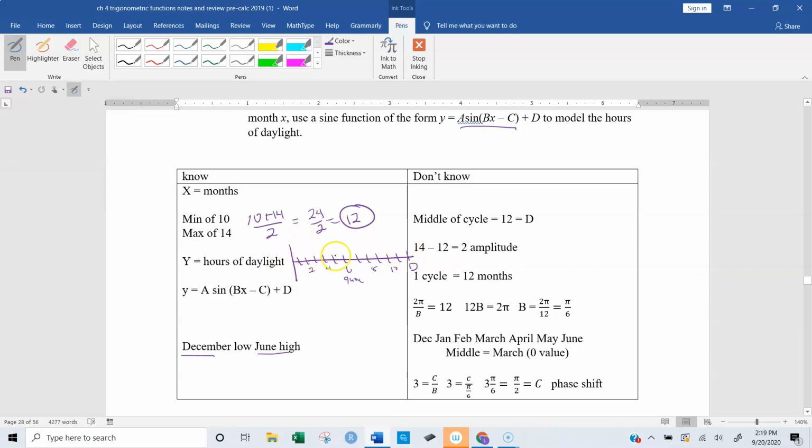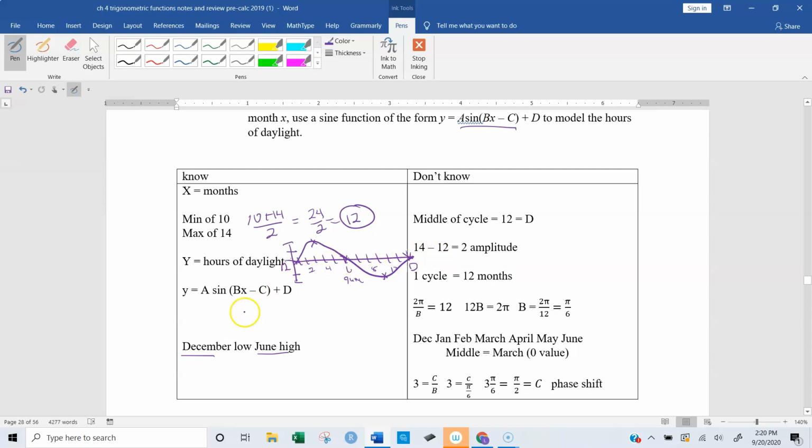But if I graph this just as a sine wave, this is the middle, this is December, and this is January. It goes, okay, this would actually be at 12. It's going to go up to 2 and down to 2. So in the middle, 4 and 6 is 3, so that would go up to 2, down to 2, and this is what my wave looks like without any shift.